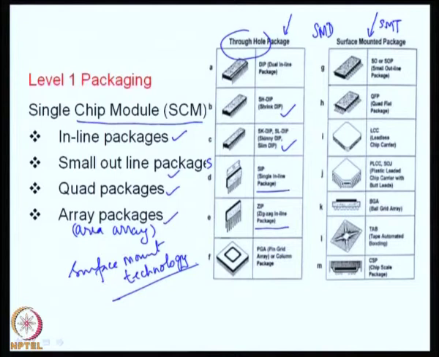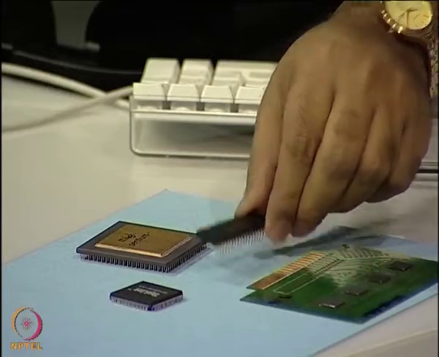Then we have what is known as a leadless chip carrier. If you look at this entire column of components, all of them are mounted on the surface of the substrate or the printed wiring board. Then we have what is known as a plastic leaded chip carrier with butt leads. All of these leads, as the name indicates, are very short compared to the through hole packages where we have lengthy pins.